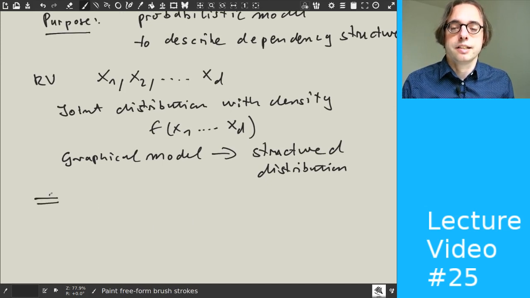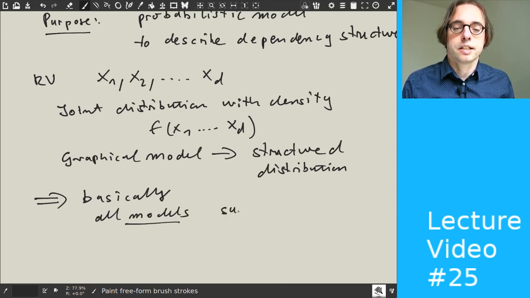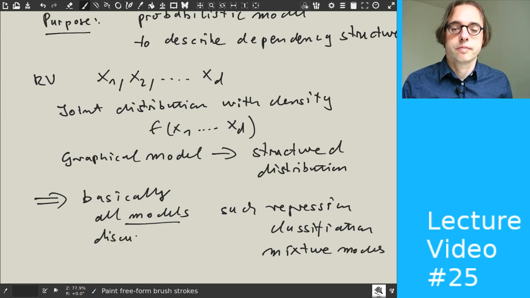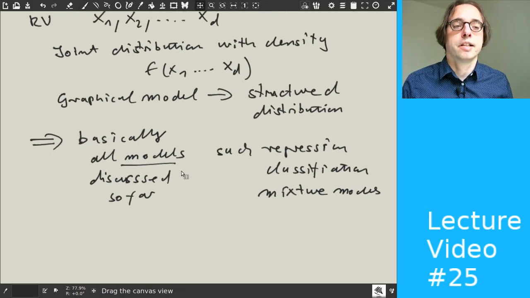And since what I'm saying is very general, you will realize that basically all models that we've discussed so far, such as regression models, classification models, mixture models, all models discussed so far are actually graphical models, all of them.